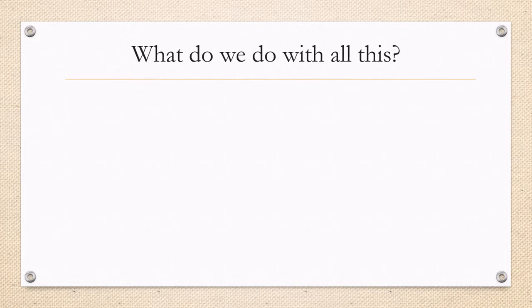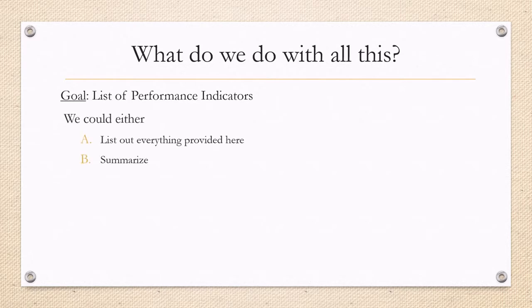So, what do we do with all of this information? Remember, our goal is to list all the performance indicators, things that will tell us whether a person is doing a job well or not. So we could go about this by either listing out every item, everything that's provided here, or we could somehow summarize the information into smaller categories.